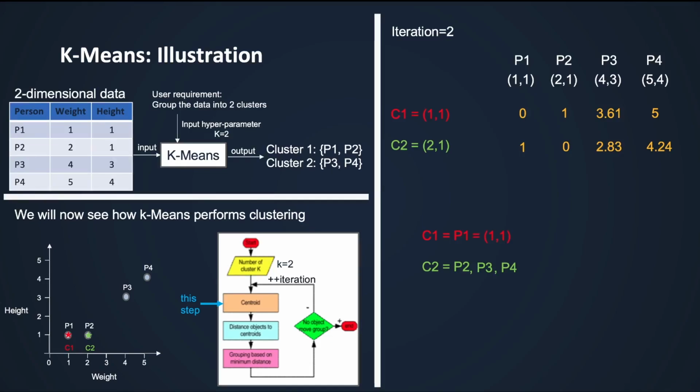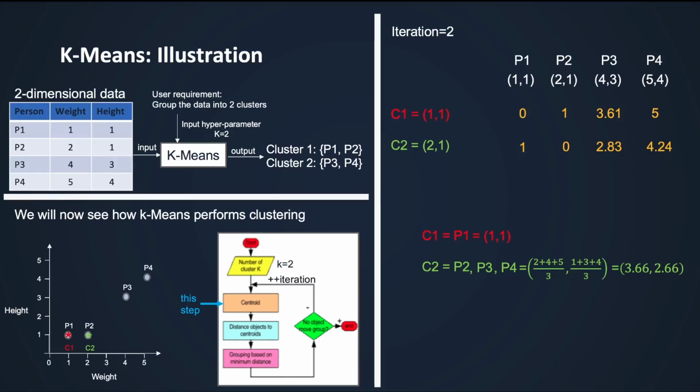Since centroid 1 contains only one object, that is P1, we use the data of P1 as centroid 1. The objects P2, P3 and P4 were assigned to the C2 centroid, so we calculate the new centroid of these three objects using the mean value.